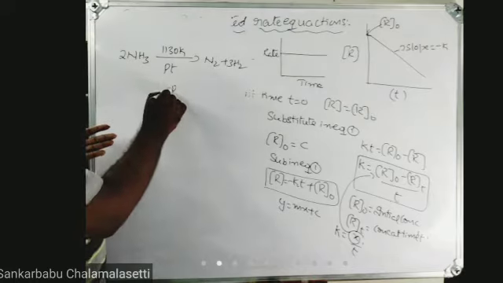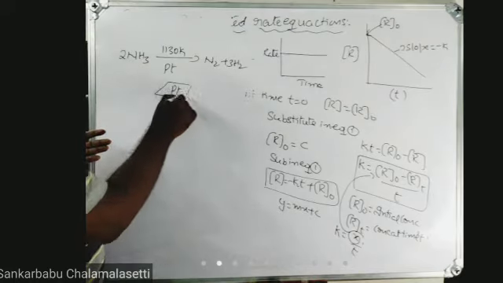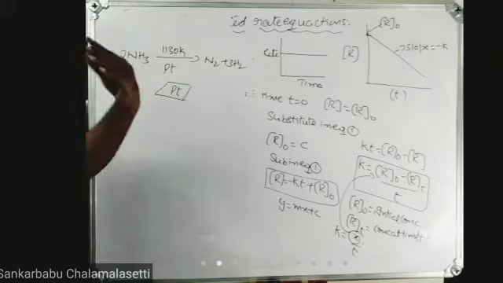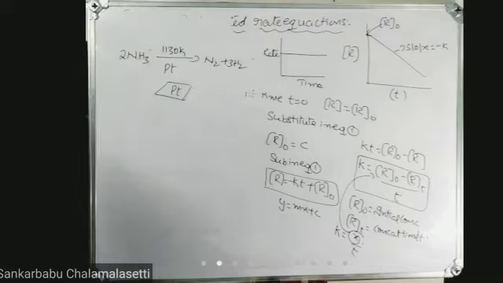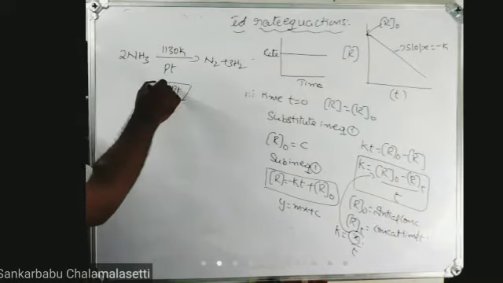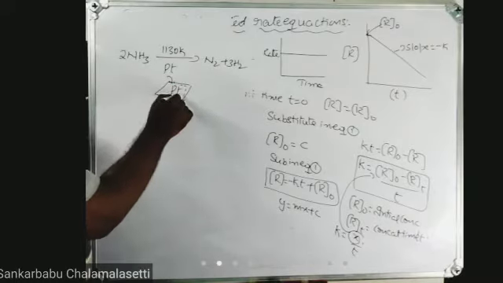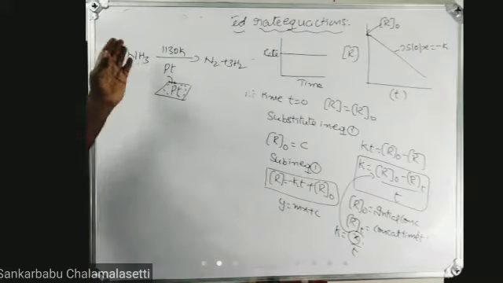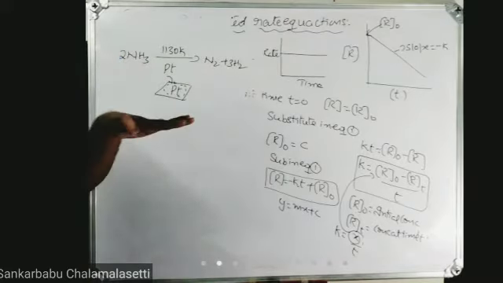If you take the platinum surface, in surface chemistry we studied about catalysis. As the surface area increases, the activity of the catalyst increases. So according to adsorption theory, these reactants are adsorbed on the surface of the platinum, and this is chemical adsorption. Chemical adsorption is unilayer.